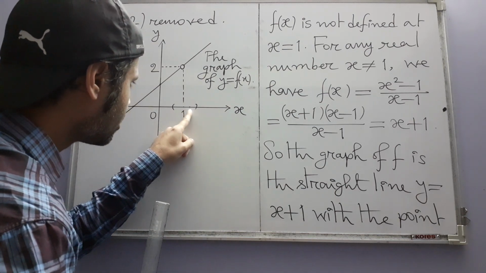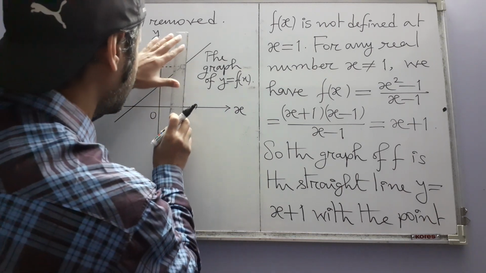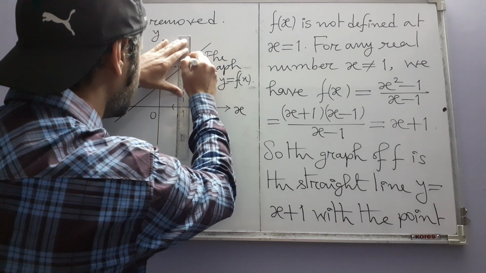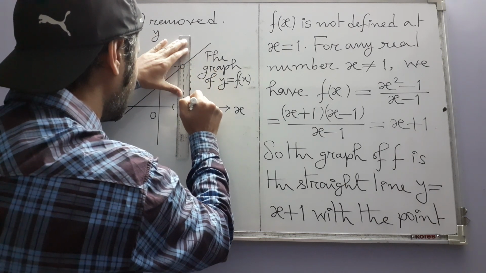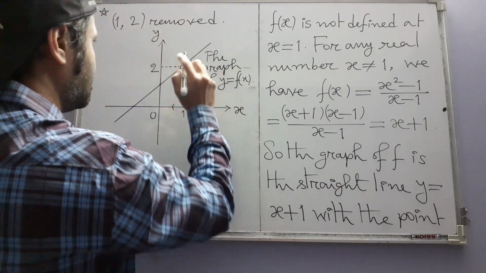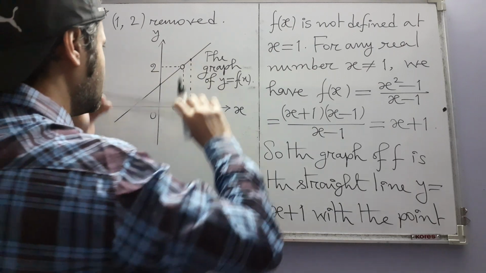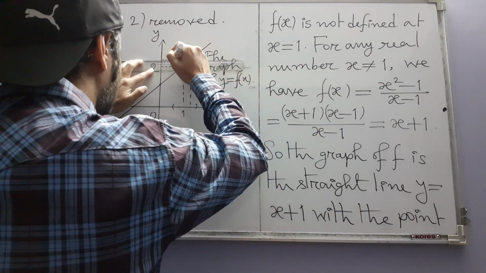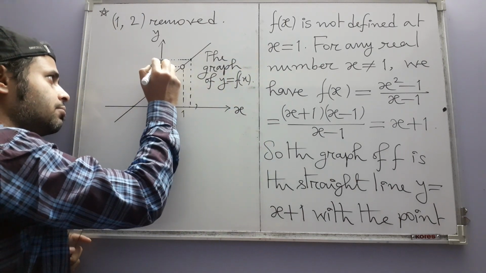For this particular point, what is the y value? We can just simply look at the graph and see what the y value is. The point on the graph corresponding to this x value is this, and the corresponding y value of course is going to lie on the y axis, and this is the y value.